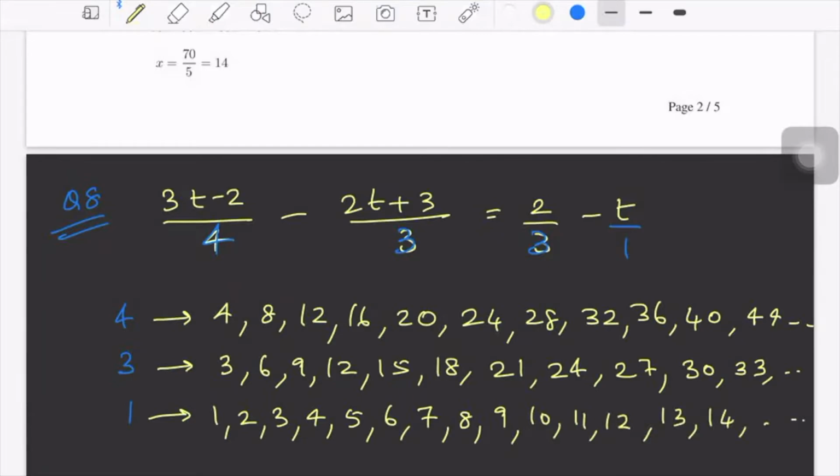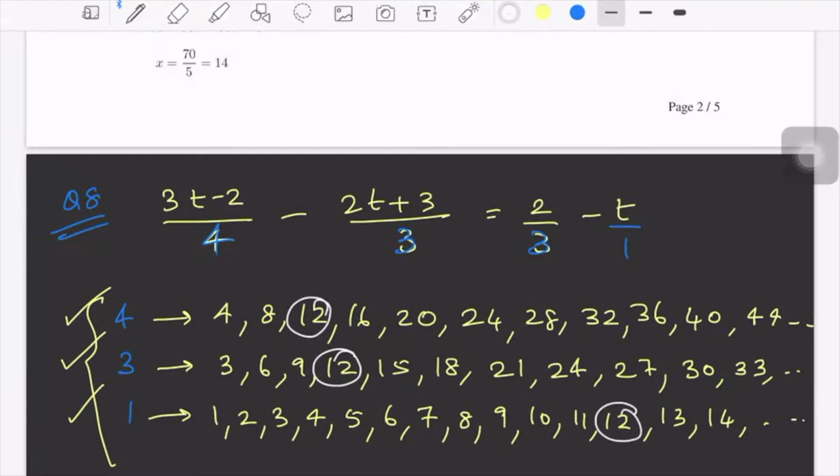Now tell me, what are the common multiples of 4, 3, and 1? You can list down from these numbers. You can observe from these numbers the common multiples. So multiples of 4 are listed down, multiples of 3 are listed down, multiples of 1 are listed down. Yes, very good. The first common multiple you encounter is 12.